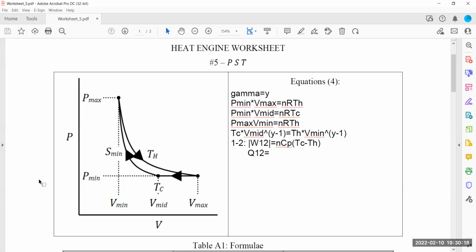I'm sorry, so this is wrong. This is just the pressure times the volumes. I'm thinking in terms of the temperature, okay? I'm thinking in terms of heat, so this is wrong, okay? So it's going to be Pmin times Vmax minus Vmin. You see, if you're not careful. Now this is the one that is in Cp times Th minus Tc, and this better be negative, okay?